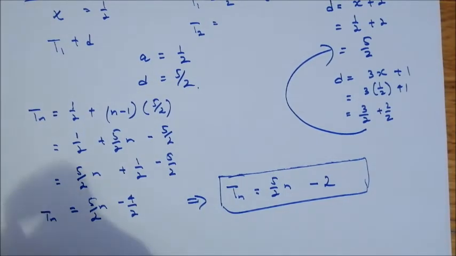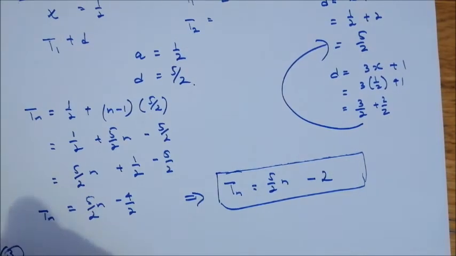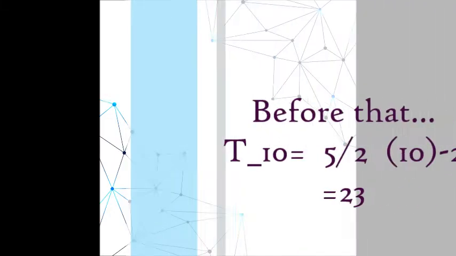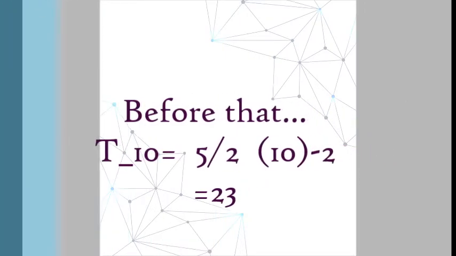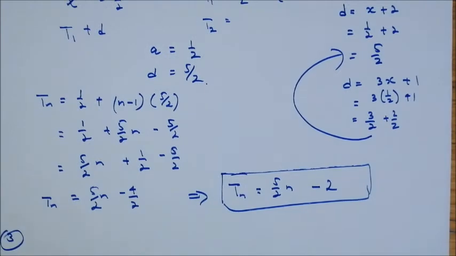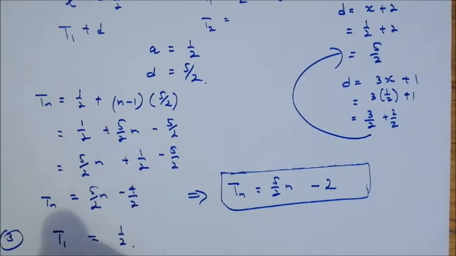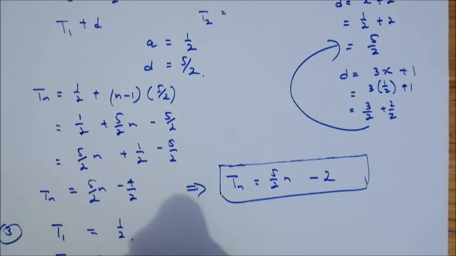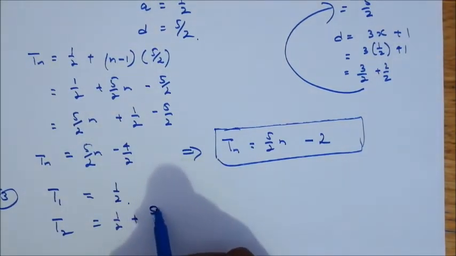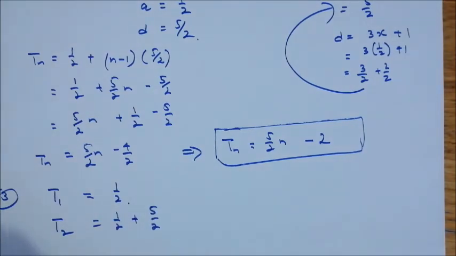Okay. Now, lastly, guys, we are asked to find the first 3 terms in this sequence. Basically, we just substitute. So T1 is equal to a half. T2 is equal to T1 plus the constant difference 5 over 2, right?